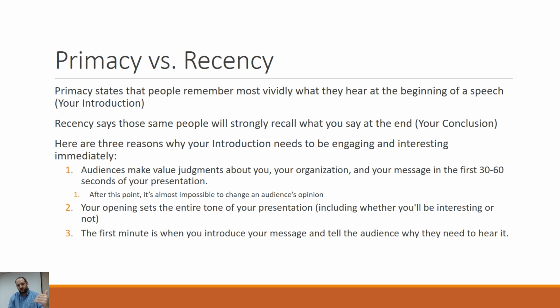And it's in that first 30 to 60 seconds you must establish that positive rapport, that positive interaction between yourself and your audience. If you don't, it's almost impossible to change an audience's opinion. If you've lost your audience in the first 60 seconds, you're unlikely to get them back in your speech. It's possible, it's incredibly difficult.